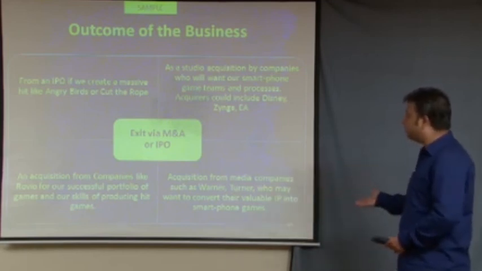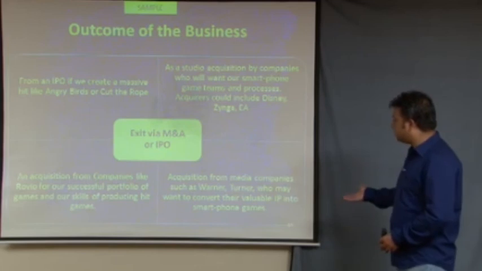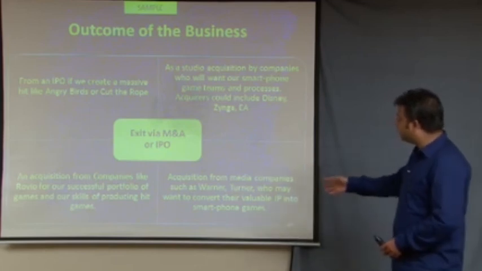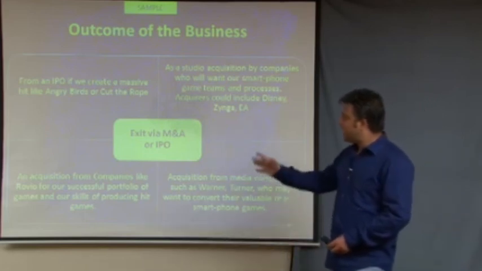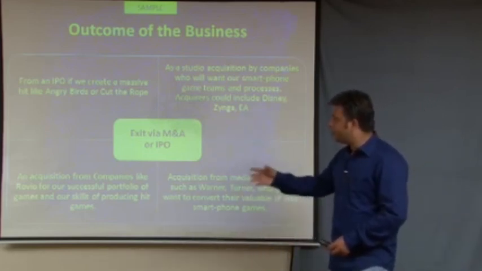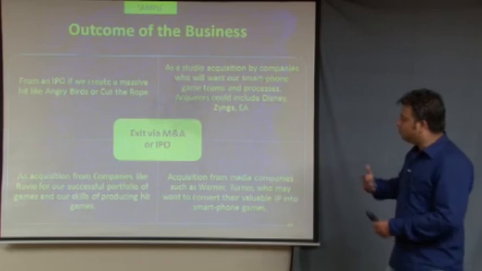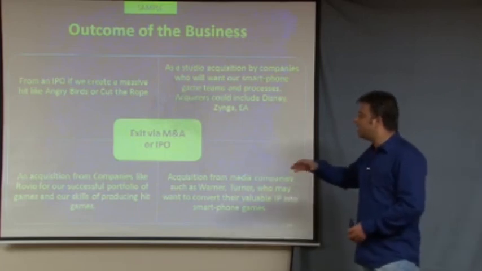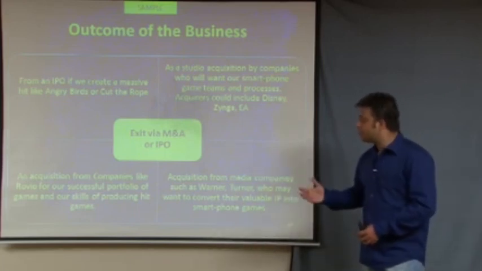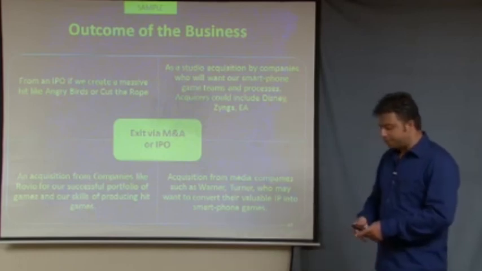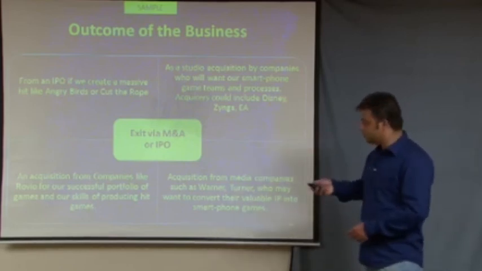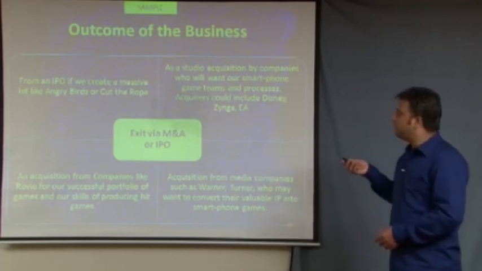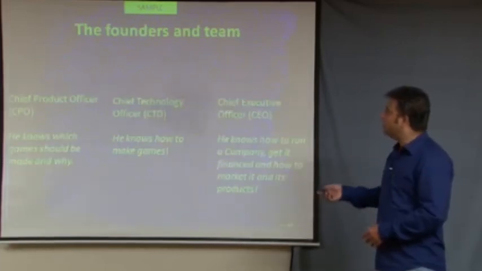Acquisition from media companies such as Warner, Turner, who may want to convert their valuable IP into smartphone games, and an acquisition from companies like Rovio for our successful portfolio of games and add our skills of producing hit games. So they have different options of how the VCs and the investors could make a profitable exit from the venture in the 3 years' time.